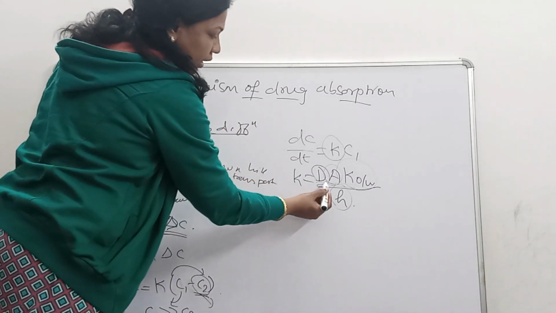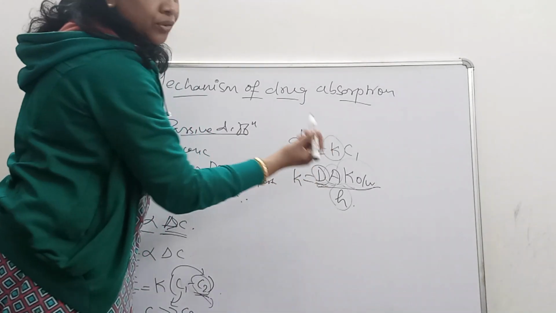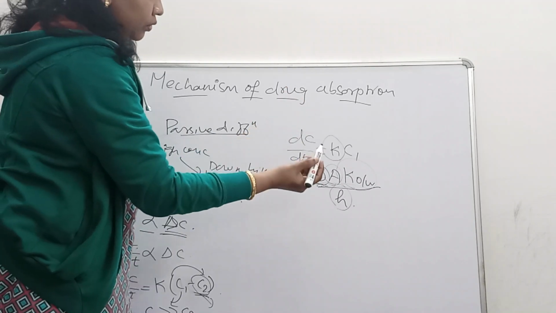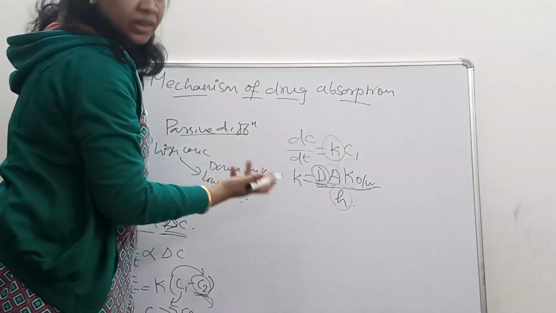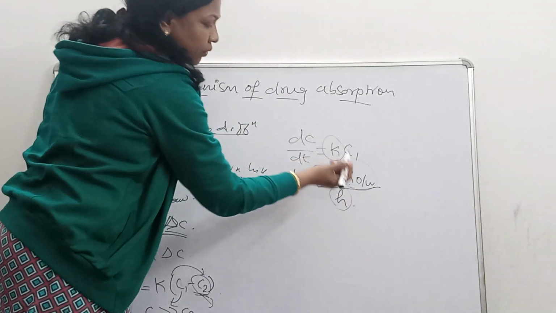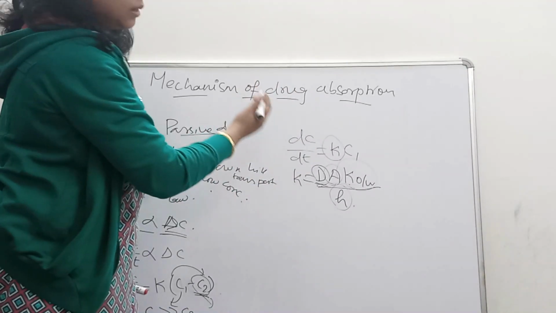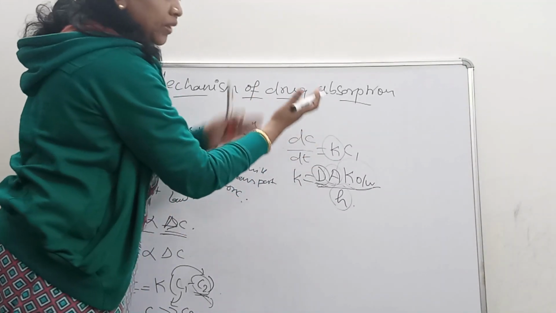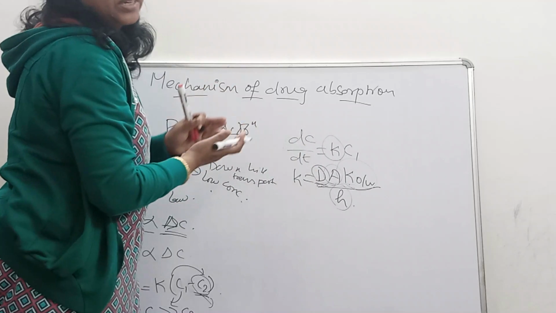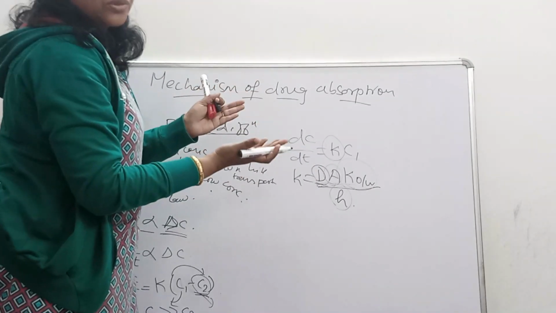You can know that as the diffusivity of the molecules increases, the rate of absorption increases. If permeability of the membrane increases, again the rate of absorption also increases. If area available for absorption increases, diffusion will also be more.